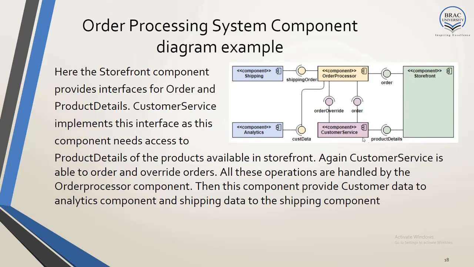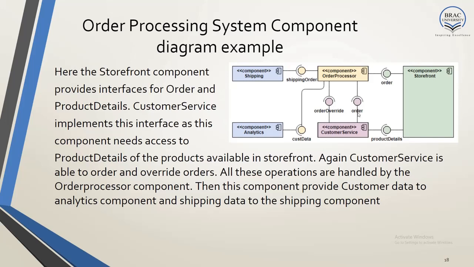customer service component requires the product detail interface in order to know about different product information and tell it to its customers whenever customer asks them about any product. And the customer service component also provides an order interface and the order override interface.